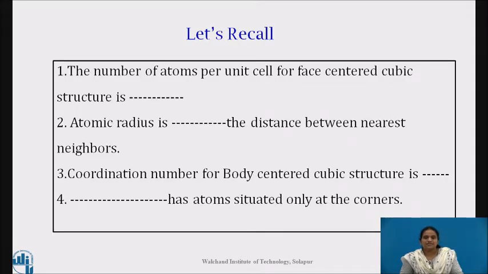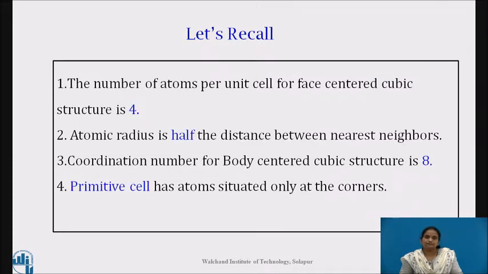So dear students, in the previous sessions we have learnt about volume, number of atoms per unit cell, the coordination number of cubic lattices. Now please pause the video and try to answer. Let us recall these things. Yes students, you are correct. The number of atoms per unit cell for face centered cubic structure is 4.